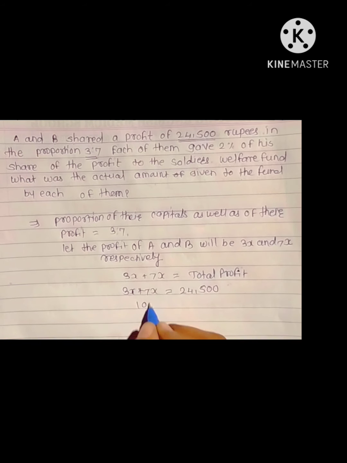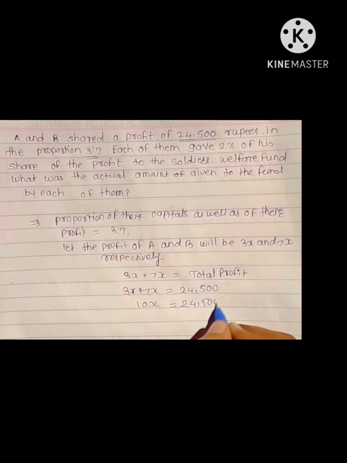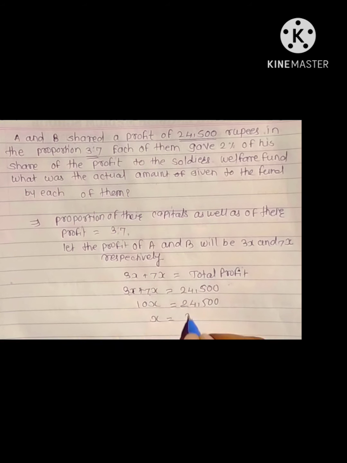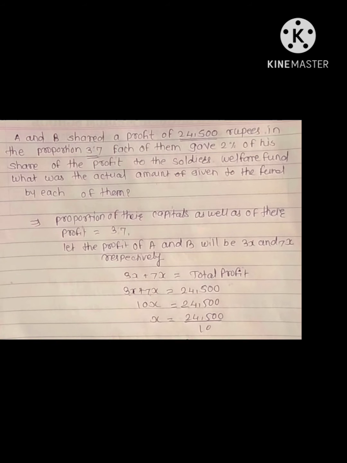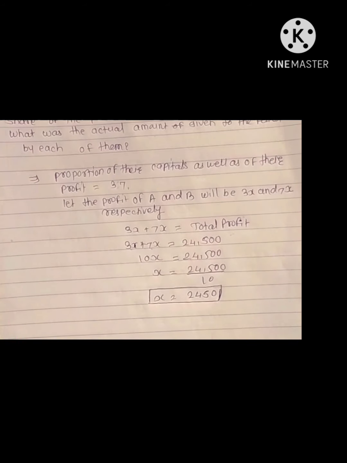Now this becomes 10x. So 10x is equal to 24,500 rupees, so x is equal to 24,500 upon 10, which means x is equal to 2,450 rupees. This is the value of x.